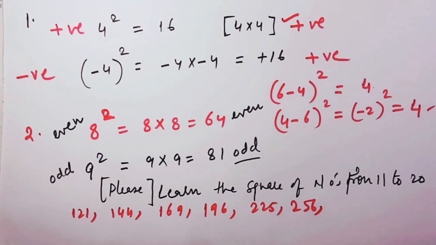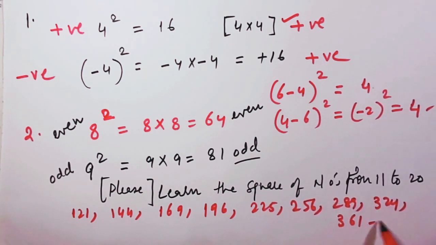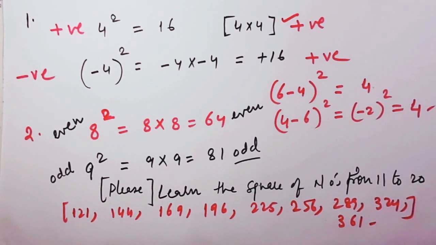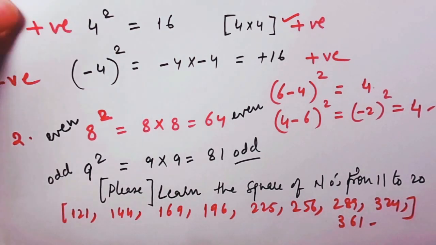It is 289. 18 times 18 is 324. 19 times 19 is 361. So if you learn these, it will be of great use when you start solving the sums in the next exercise.